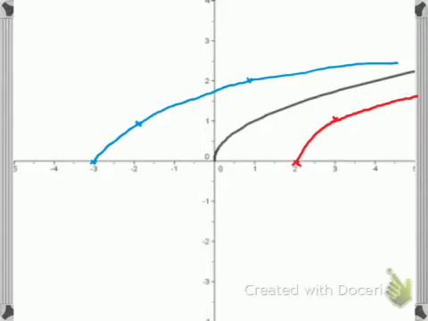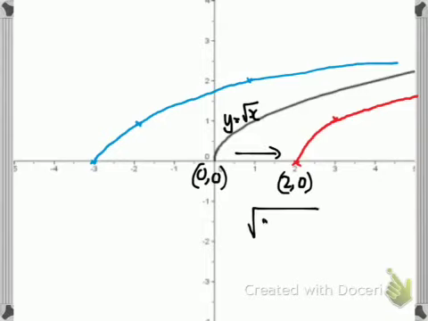Okay, we've got our horizontal translations. Our black graph, of course, is y equals the square root of x. Now we've got an endpoint there of 0, 0. Here we've got an endpoint of 2, 0. The graph has been shifted 2 places to the right, and that's going to be y equals the square root of x minus 2.